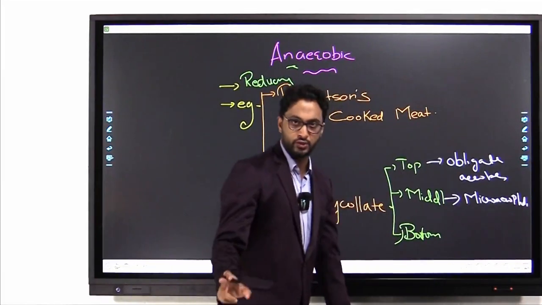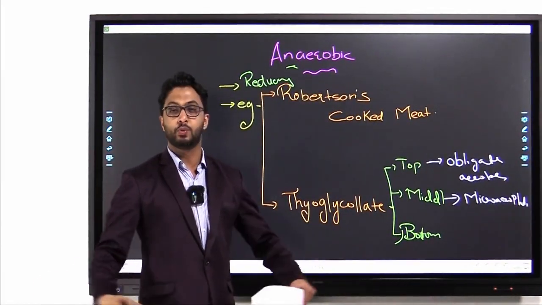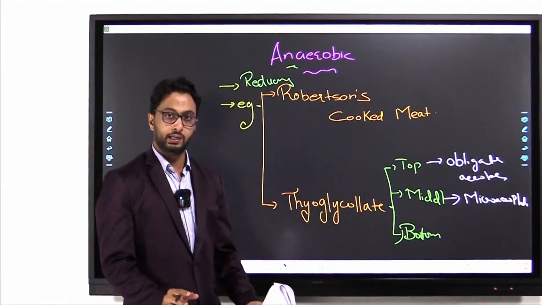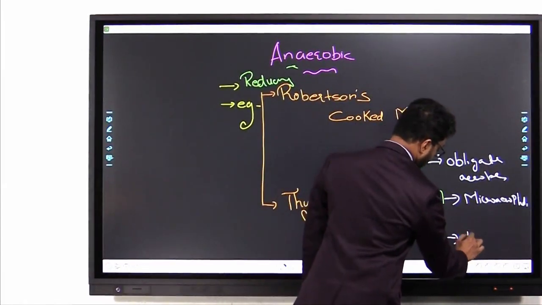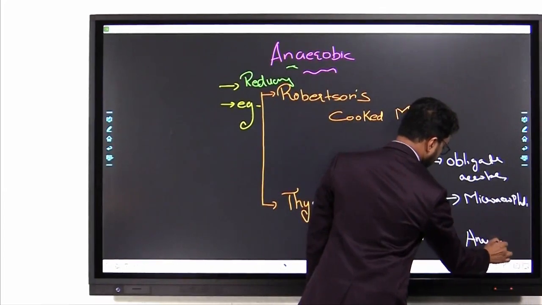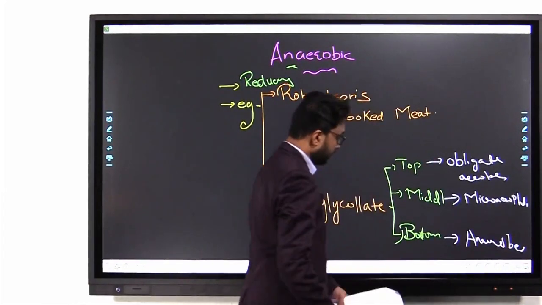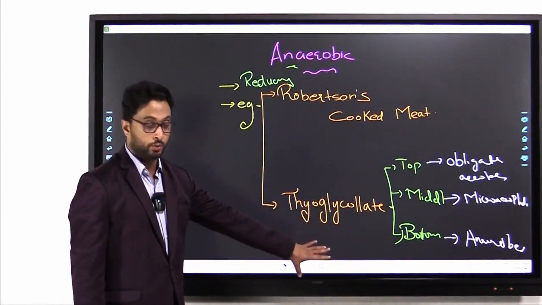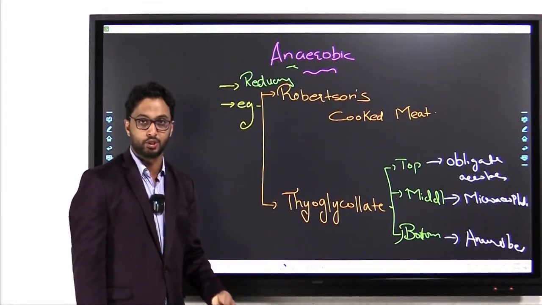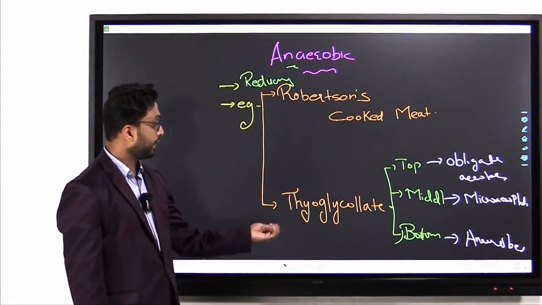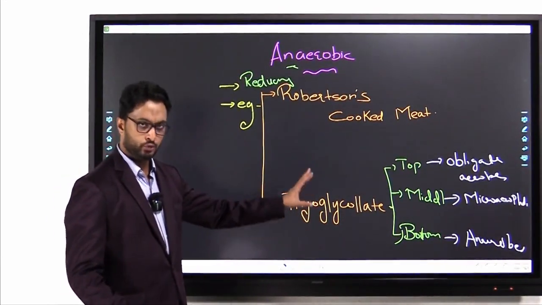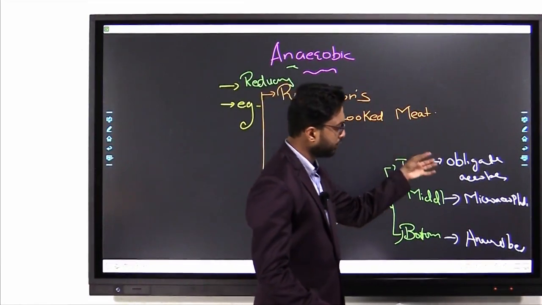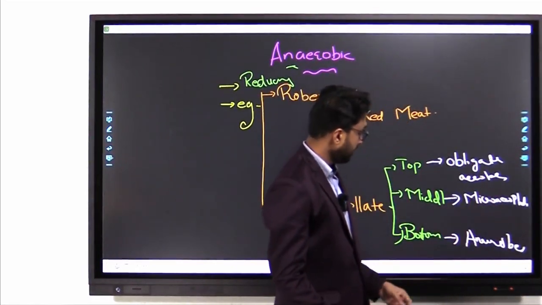They need oxygen but if there is too much, they will also die. And at the bottom is where you get the obligate anaerobes. So if you want to culture obligate anaerobes, you have to take the bottom layer. So that's thioglycolate, three layers of growth: obligate aerobes on top, microaerophilic in the middle, anaerobes at the bottom.